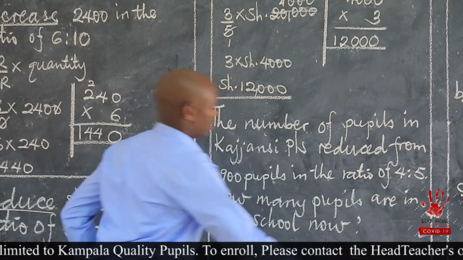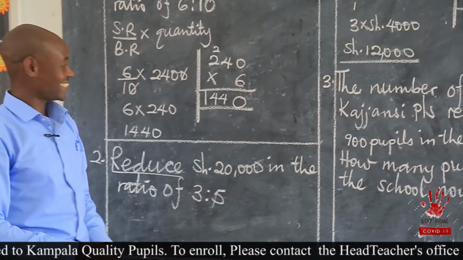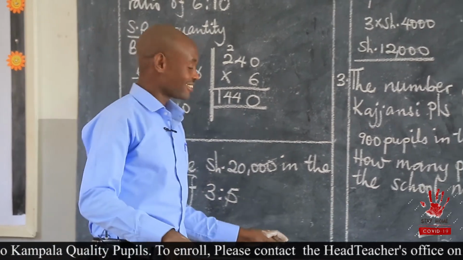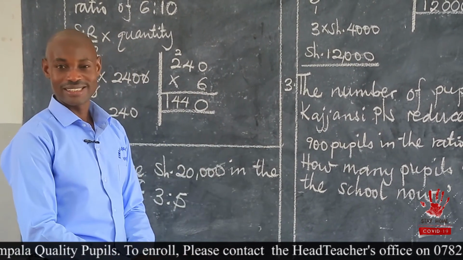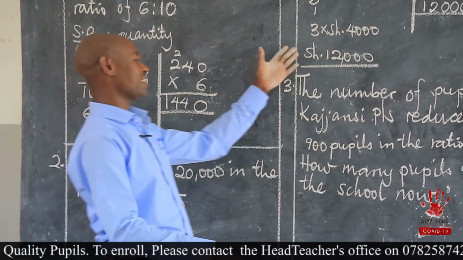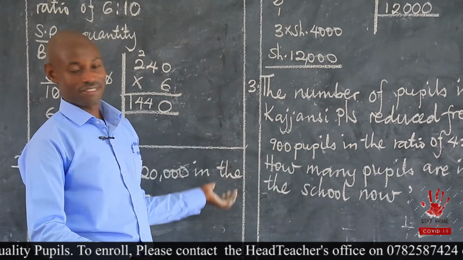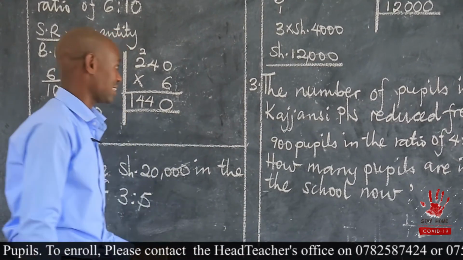Okay? Oh, someone is saying, teacher, you have brought very many words. We are going to get confused. No way. These are just words. That's what makes mathematics so interesting. That you can have very, very many words, but you don't need to fear them. Just read, interpret, then you will find it very easy.